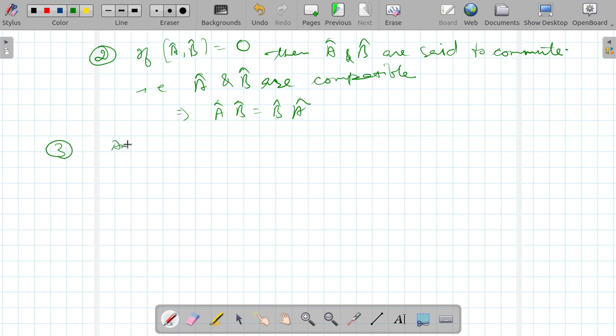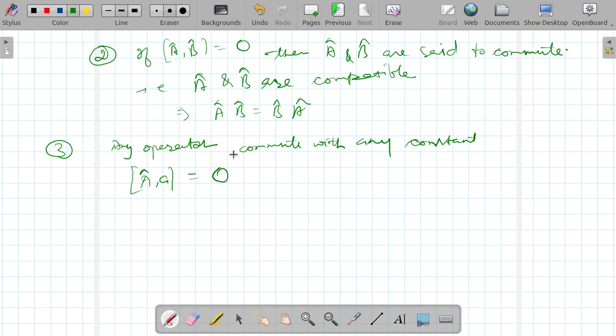The next property is that any operator commutes with any constant. Here these operators are basically matrices. So if I take an operator and it commutes with every constant, then let us consider this commutator, and it must be equal to 0.